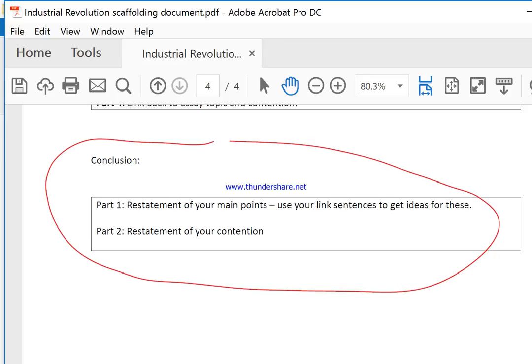You can use your topic sentences to help you get the ideas you put into your introduction. You can also use your link sentences because they link back to the essay topic. Your link sentences often work really well in your conclusion, but you have to see what you've actually said. You always have to say it in different words so you don't seem repetitive, so you find a different way of saying the same idea.